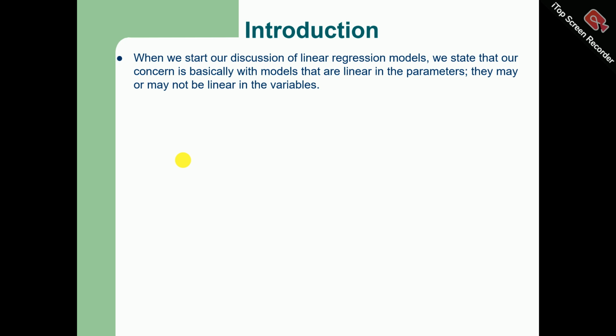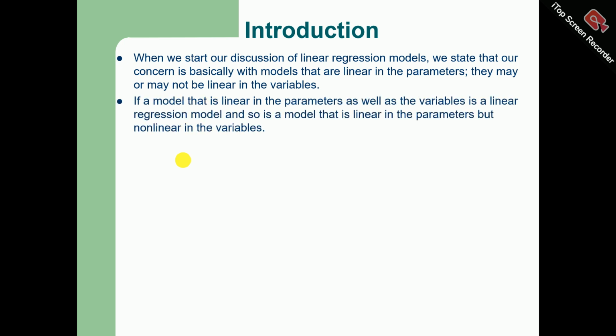But if a model is non-linear in parameters, no matter whether this model is linear or non-linear in variables, we do not consider that model to be linear. So, in short, if the model is linear in parameters of the model, then we call it a linear model. If it is not linear in parameters of the model, then it is a non-linear model.